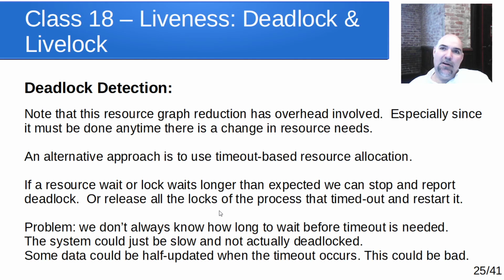And the problem is we don't know how long necessarily we need to wait. And the other problem is the system could just be slow and not deadlocked, and we would end up killing a process that was actually making progress when it was just waiting on something to be available because some other process was taking a long time to access it. And the other problem with that approach is that something could be halfway done and then we preempt it. And so that could also be bad.